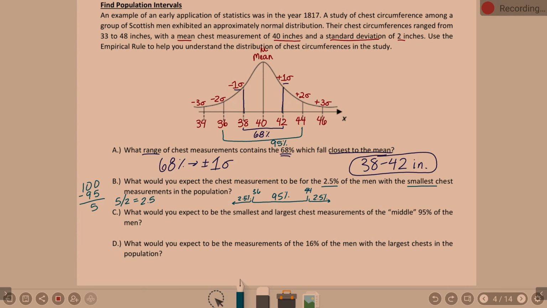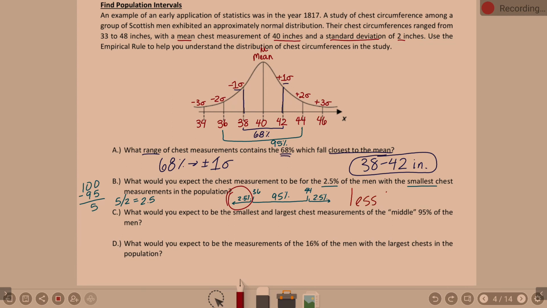The question said, what would you expect the chest measurement to be for the 2.5% with the smallest chest measurements? Well, the 2.5% on the smallest end are the values that are less than 36. Yes. Now, I knew they threw out 33 to 36. I would count that as correct. On my answer key, I just have less than 36 inches.